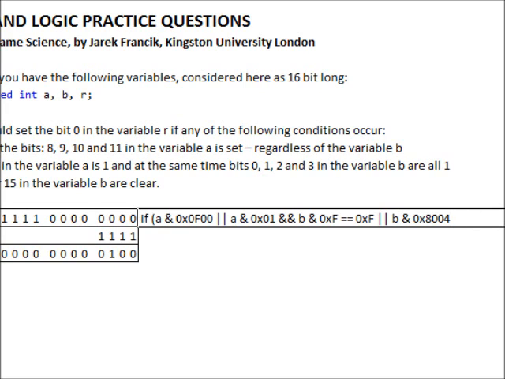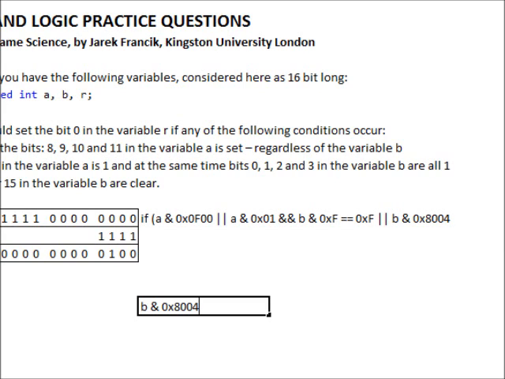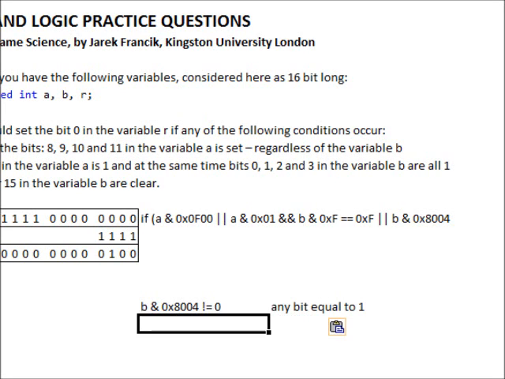Let's have a closer look at various conditions we could have. The most common of these conditions, which is exactly the same as this, is true if any bit in the bit mask is equal to 1. This condition is the negation of the previous one, and it's only true if all bits in the bit mask are equal to 0.